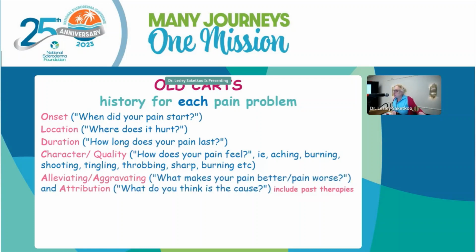Is there anything that makes it better? Alleviating, aggravating: anything that makes it better, anything that makes it worse. Those things are really helpful to a clinician. So, for example, if I say when I turn my head, I have an aching over here, that's one thing.